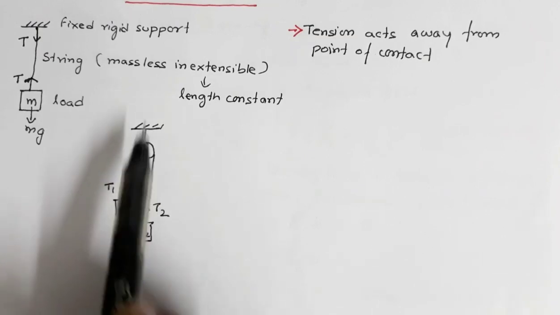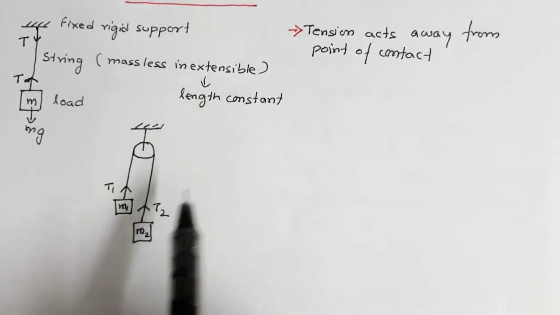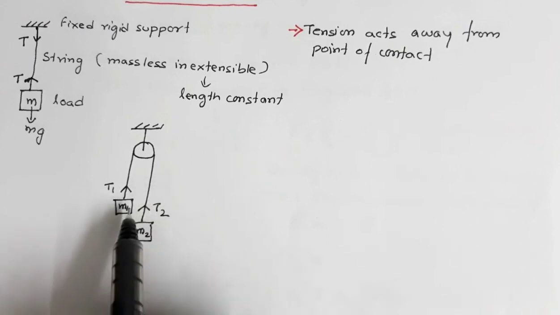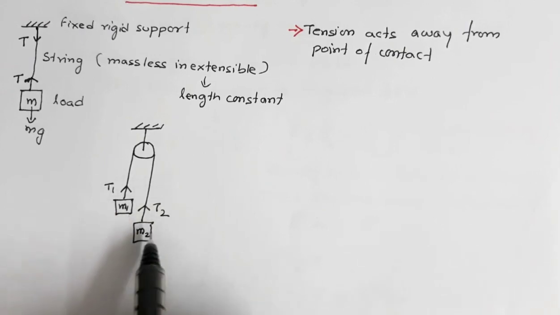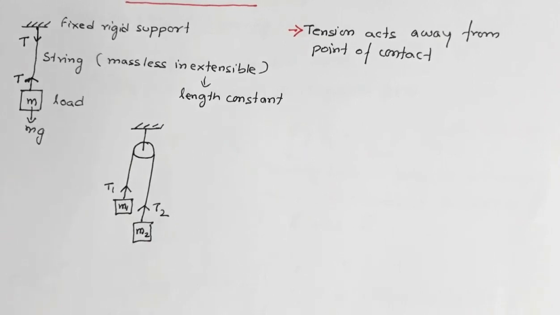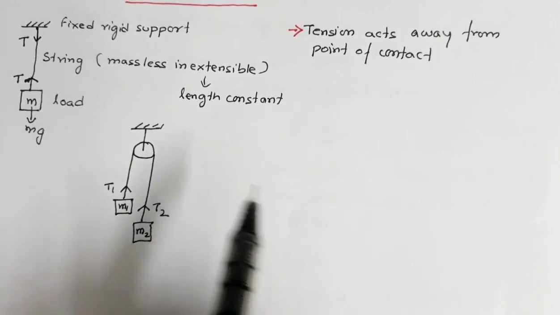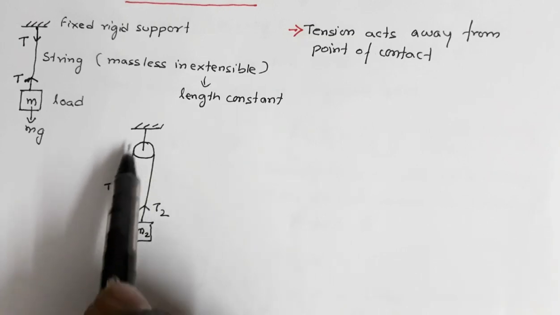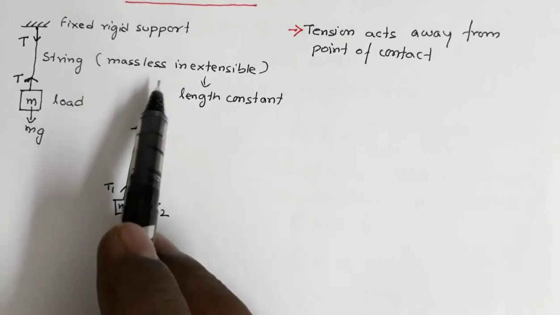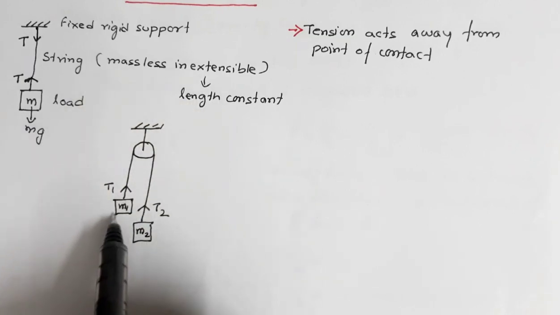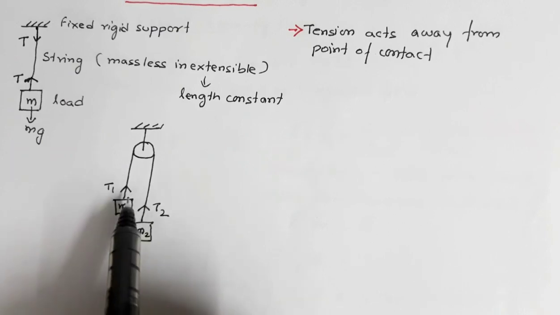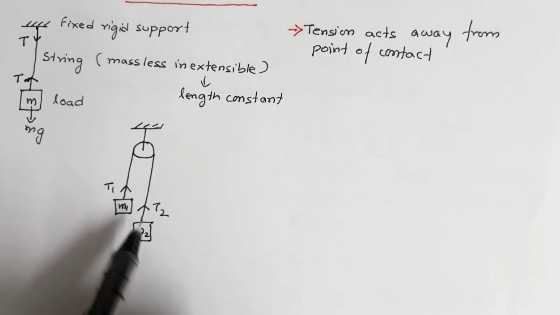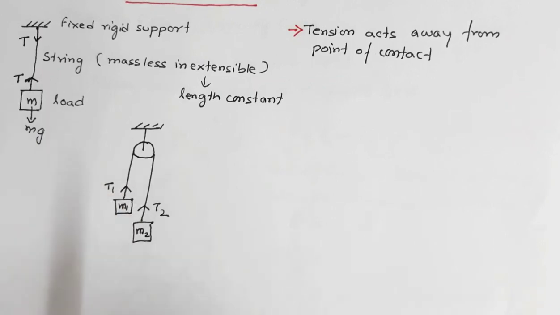This is the same string, a massless inextensible string, with mass m1 on one end and mass m2 on the other. This end tension T1 is acting in the upward direction, and this end tension T2 is again acting in the upward direction.